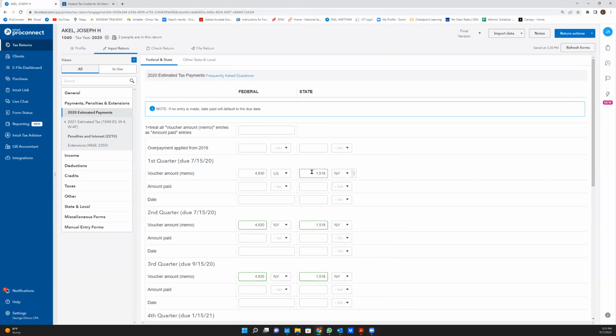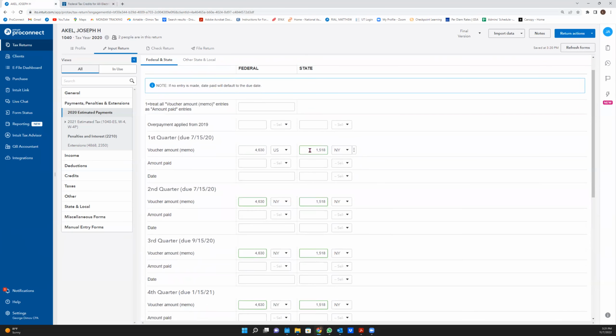Now, if you have two or more states where the client has lived, you would ask, by the way, I see that in, let's say, 2019, you've lived both in California and New York, or in 2020 you lived both in California and New York. For which state or for both have you made estimated tax payments? Please provide dates and amounts, okay?